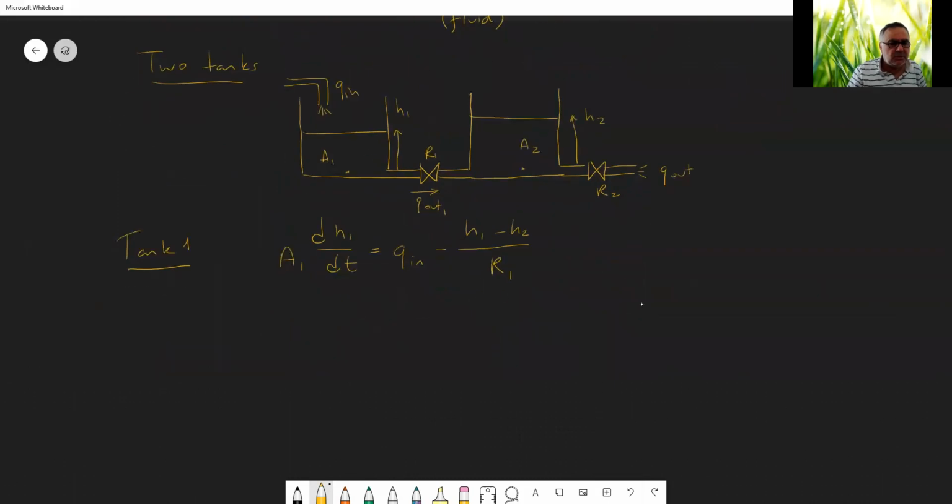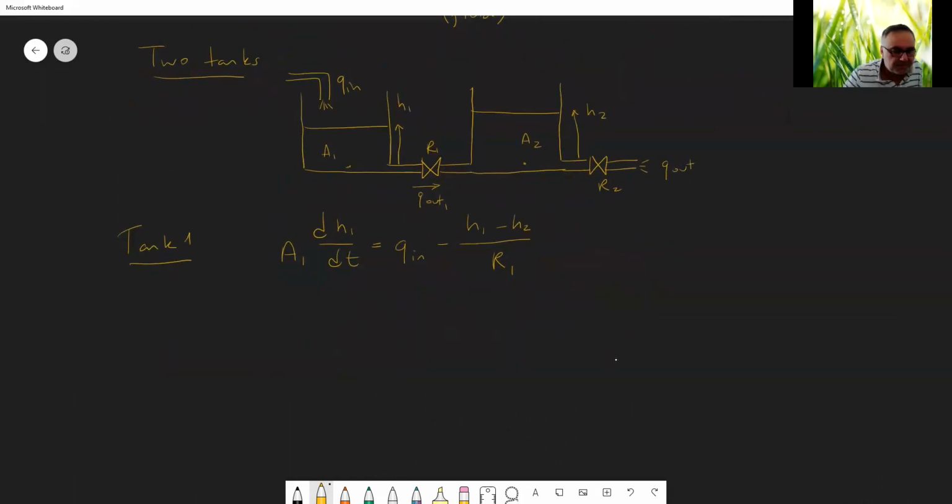In the second equation, for tank 2, you have the rate of change of the volume inside the tank, which is this term, A2 dH2 dt, is equal to Q out 1. What is Q out 1?